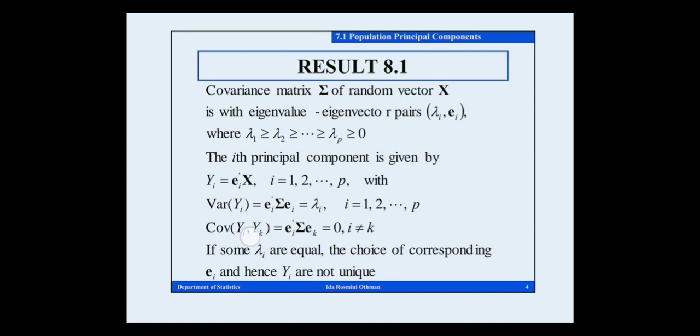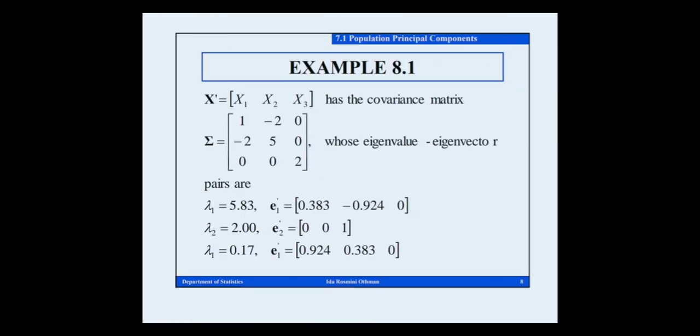Let's say kalau kita nak cari covariance of y1 and y2, so maksudnya you need to multiply the eigenvector for the first principal component, multiply variance covariance matrix of X, multiply transpose of the eigenvector for the second principal component. This one EK adalah tadi kat sini y2, so kat sini will be E2, means that the eigenvector for the second principal component.